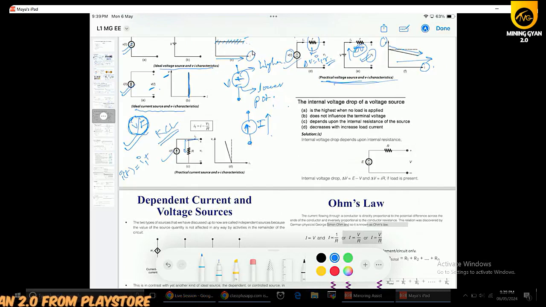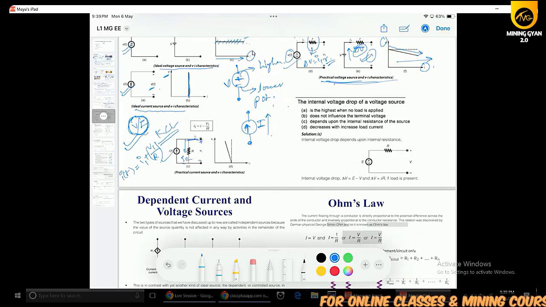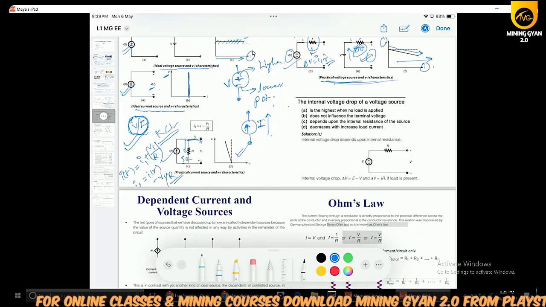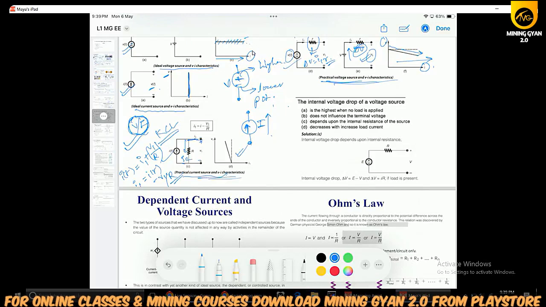Because there is no element connected between these two points, the voltage will be V1 across the R. So V1 divided by R is the current flowing through the resistance, I of R. So the terminal current will be I of T minus V1 by R, and that's why you can get this kind of characteristic, because this is related to the practical current source.